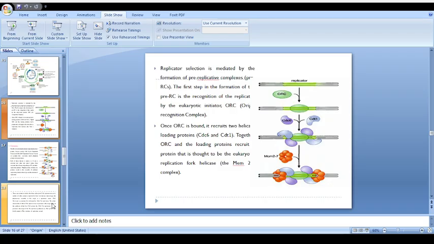This is associated with two helicase loading proteins, CDC6 and CDT1, which come and join. Further, at the replication fork region, another enzyme comes and joins, that is the helicase MCM2-7 complex. This comes and joins at the replication origin site, that is at the bubble region, as we call it.